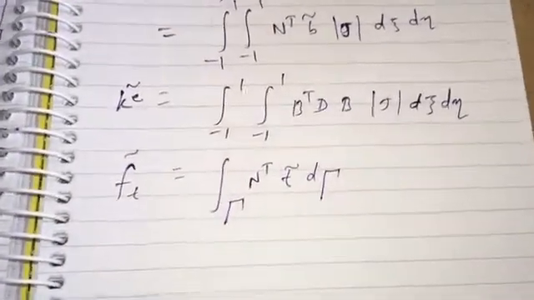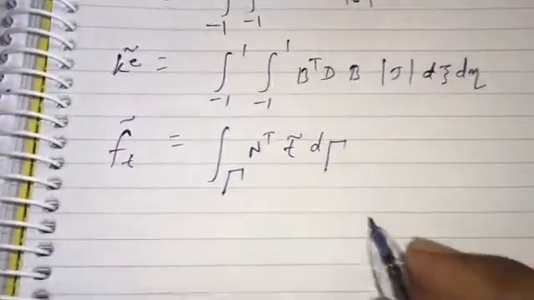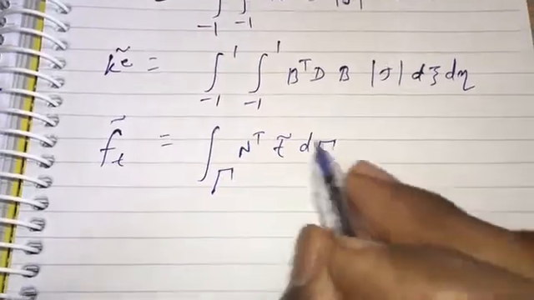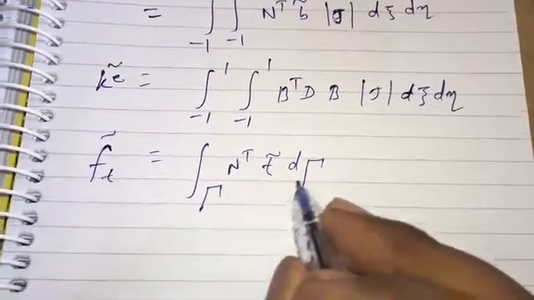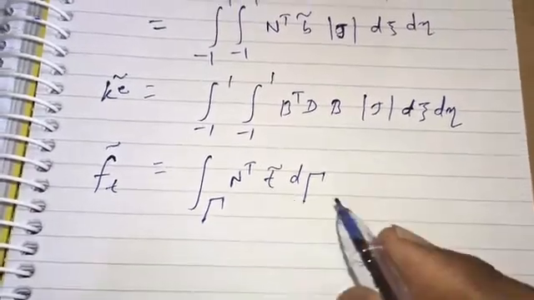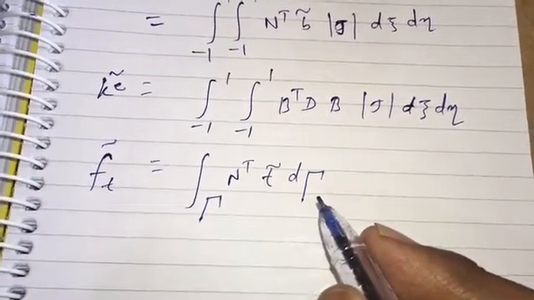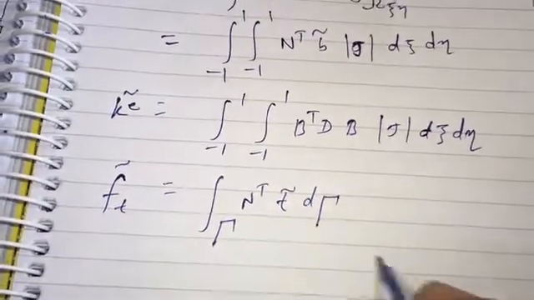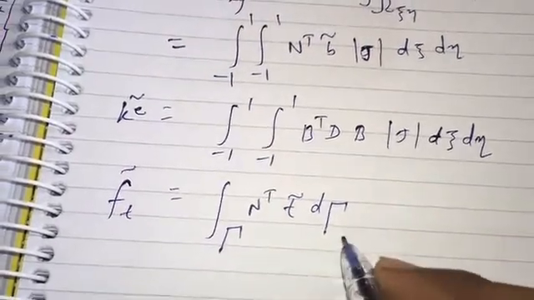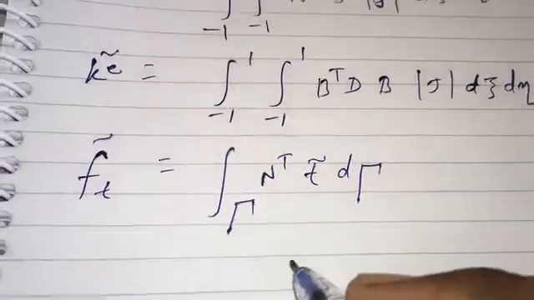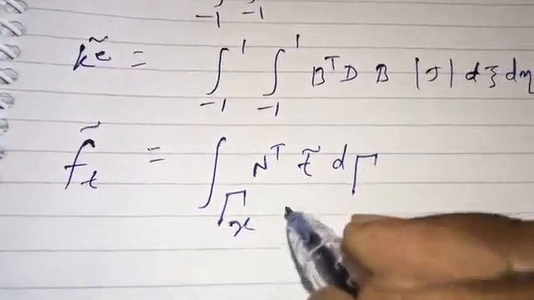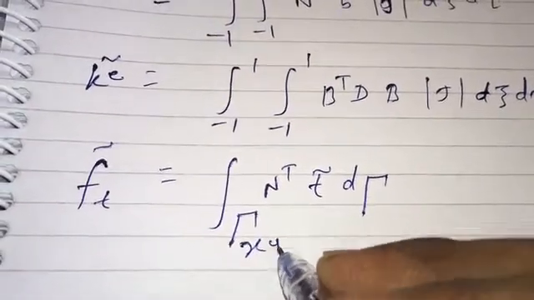Okay. So now you have to convert this into the new system. That is the only thing here. So all others remain the same. So here it has to be integrated in the xy coordinate system.